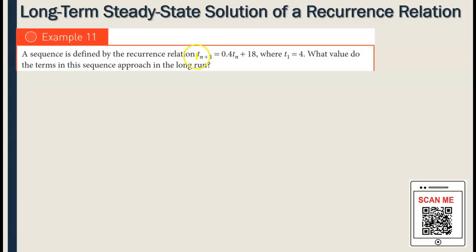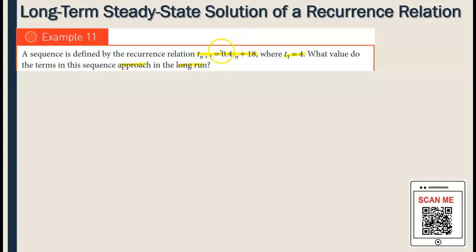Now let's look at how to solve example 11. A sequence is defined by this recurrence relation with the initial value as 4. What value do the terms in the sequence approach in the long run? From the question, you know it's a steady state.